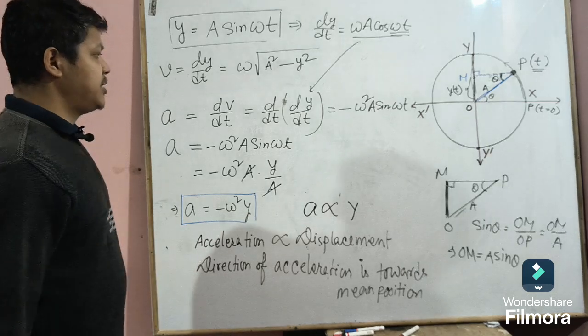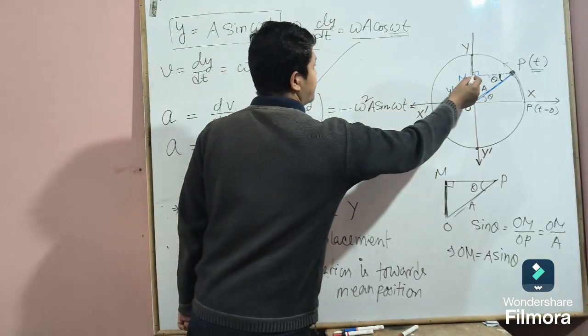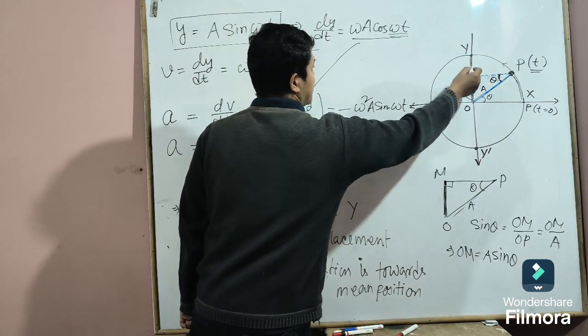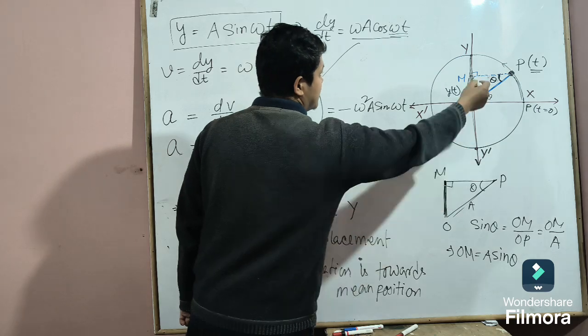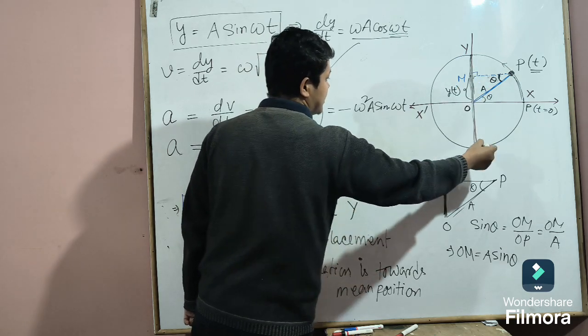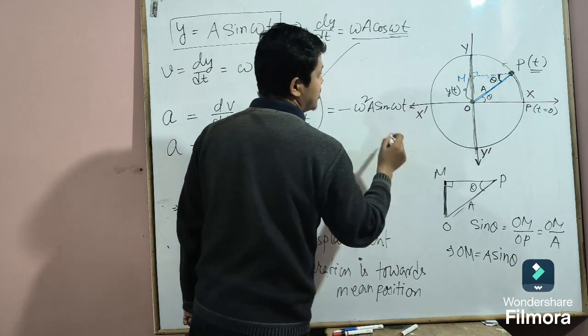Towards the mean position means for this point M, which is going up and coming down, that means it is oscillating about this origin.